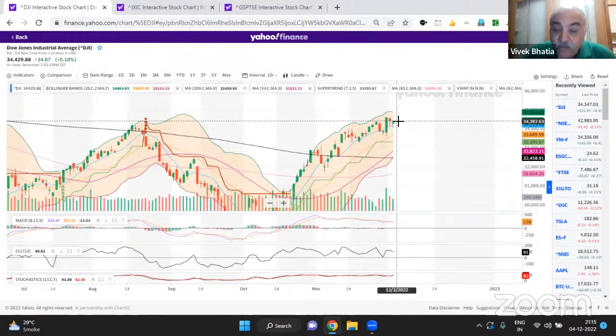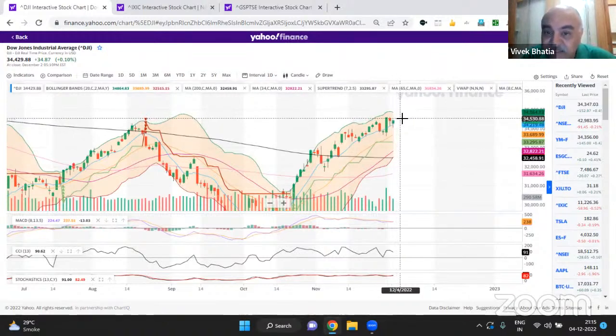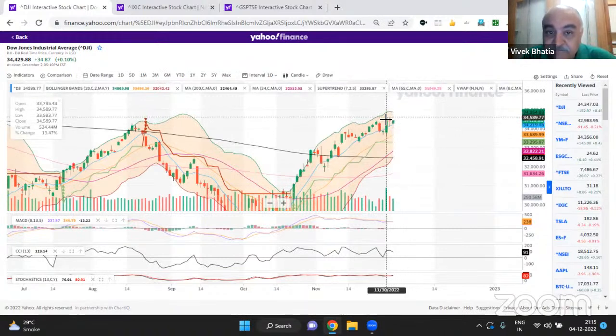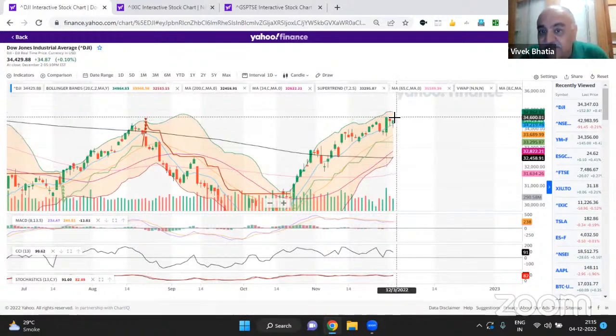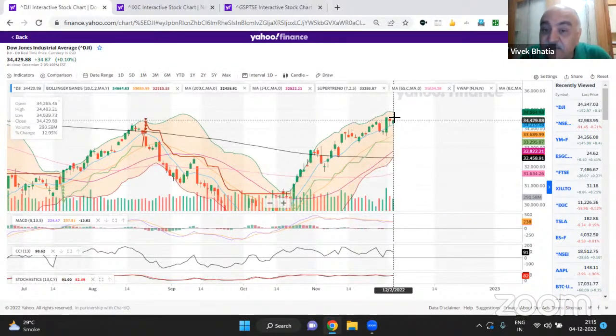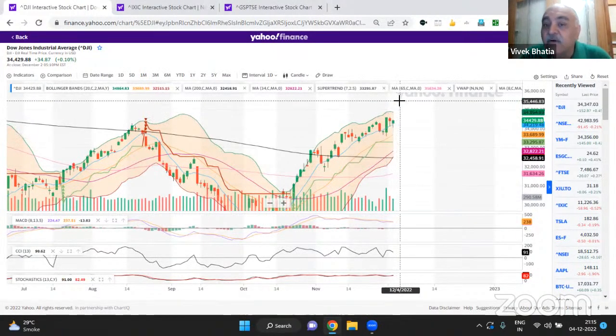Right? So on a breakout strategy, if you look at it, the minute Dow Jones spot crosses 34,600, 34,590, 34,600, it will give you a fresh breakout on the upside.